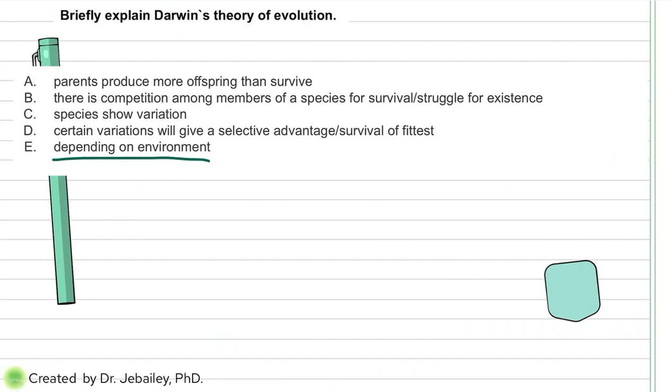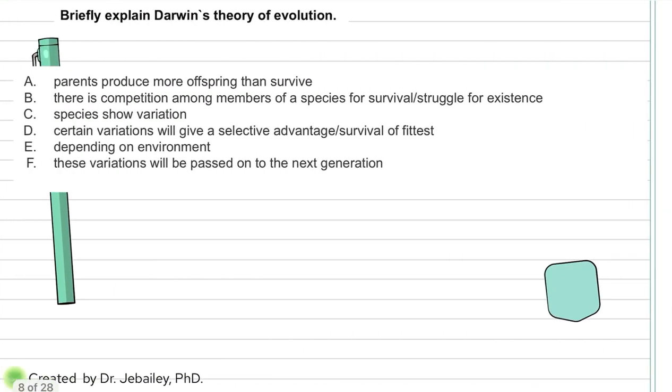Depending on the environment, that's the selective pressure. Something happens in the environment, and this is where the competition, the struggle to survive, starts. Once you survive, that variation will be passed on, and you have to mention it's passed on to the next generation. What's the point of surviving and then dying? That gene dies with you, so you have to pass it to the next generation.